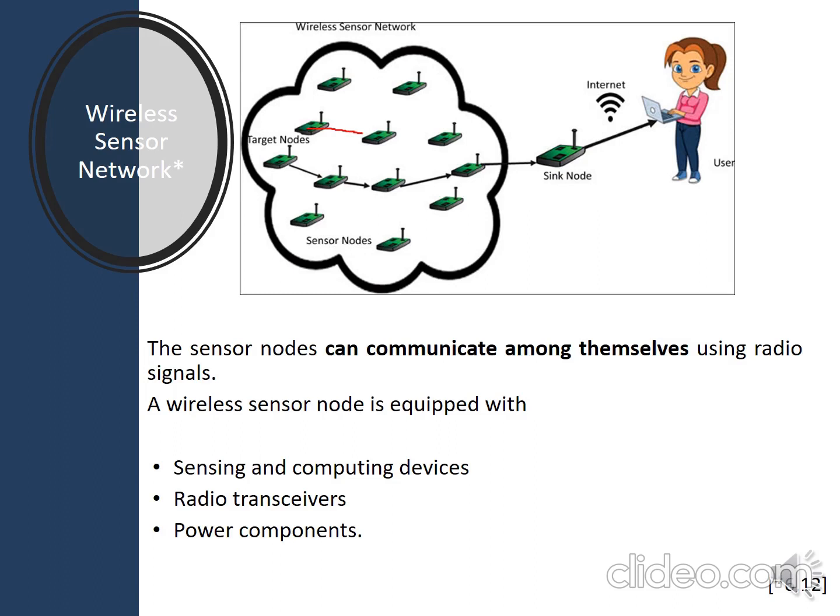Every node is equipped with three things: sensing or computing devices, radio transceivers, and a power source. Let's take an example. This node might have a temperature sensor. It will sense the temperature, and on the board there will be some CPU that will process the data, and there will be a transceiver. A transceiver is the combination of transmitter and receiver.